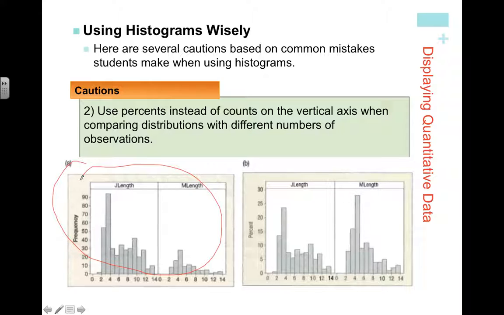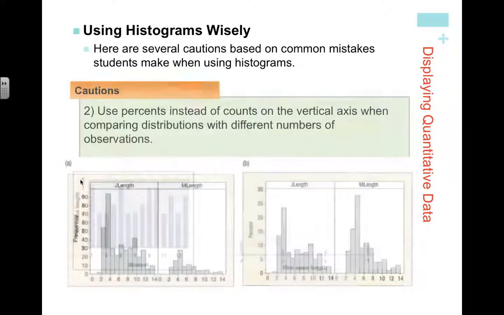So you can't really compare frequencies if your two samples are that different. In that case, you would definitely want to use percents. Otherwise, you would not be able to make a comparison. So be careful of what your sample sizes are. If they are very different, you're going to want to use percents. More than likely, we'll use percents. It's almost safer to do that.